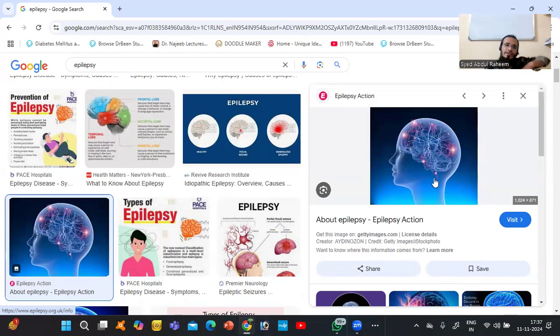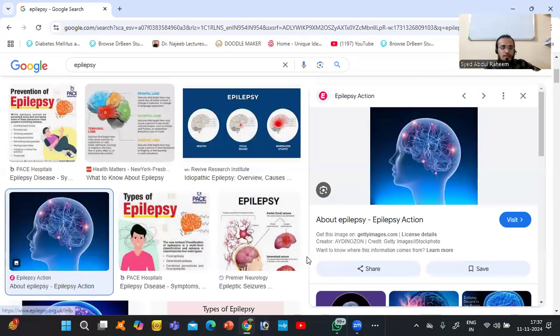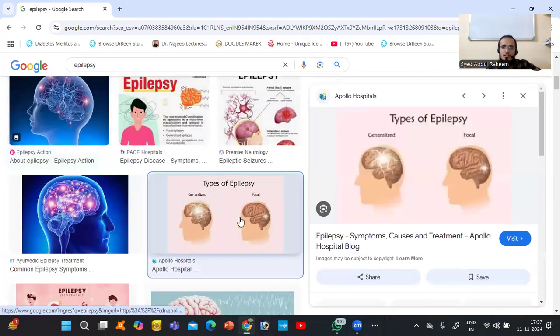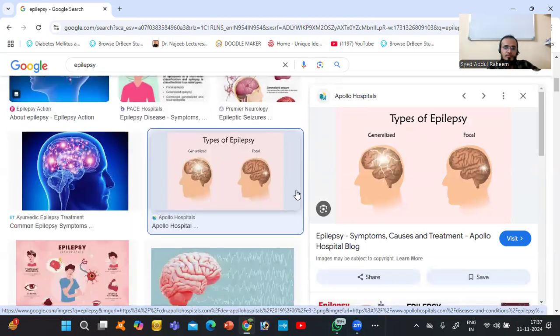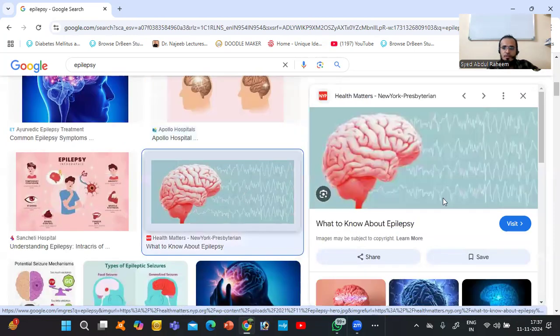But what happens is suddenly it arises like this. The electrical stimulation suddenly arises and goes to all parts of the brain. Sometimes it is in one area, sometimes it spreads all over the brain. Okay, you can see this stimulation. These are the electrical waves.